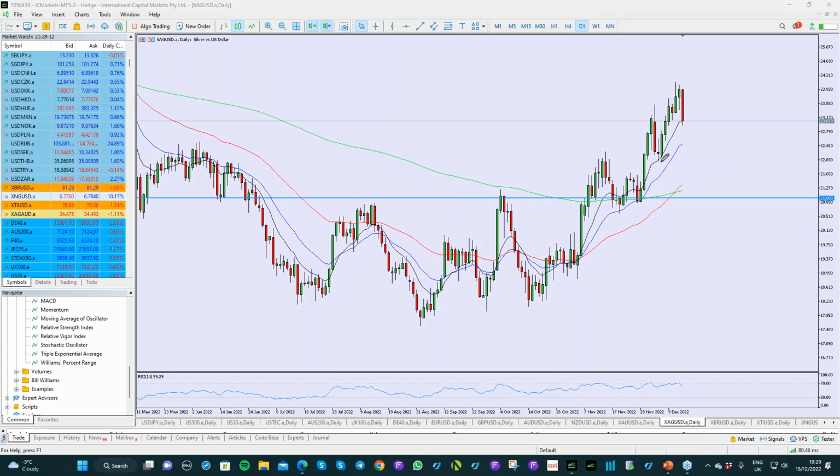This move here, from the bottom of the move to the top of the move, has taken place in 1, 2, 3, 4, 5, 6 candles. The pullback so far from the top of the move down to where price currently is, that's 1 candle, but it's actually taken out 1, 2, 3 bullish days worth of price action. Actually 4. It's coming down to the low of this candle here.